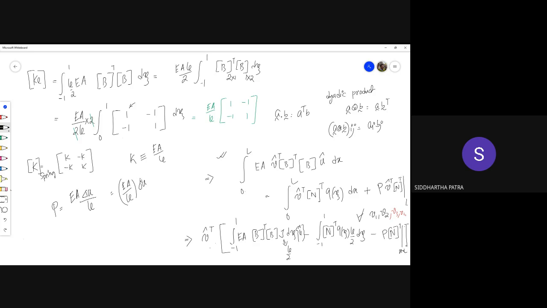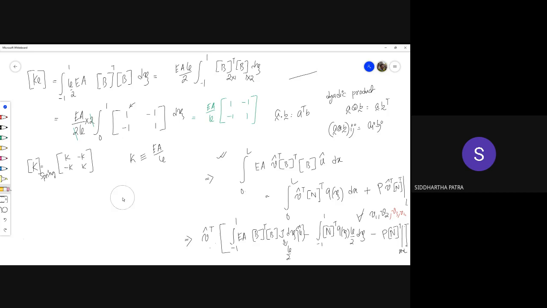So this one is consistent. Okay, but this one is only true when you are dealing with a linear bar. If the bar has only linear change in deflection, that means gradually from fixed end to free end.